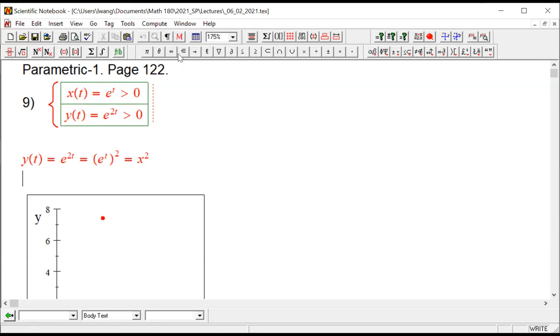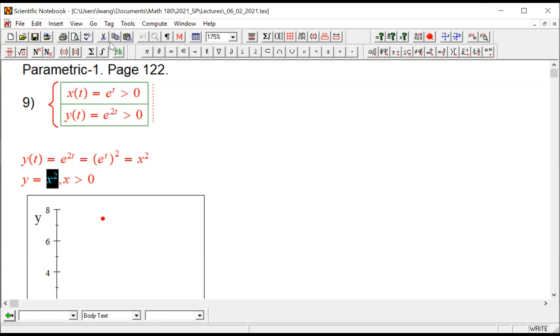So the curve we get here is actually x squared. But knowing where it comes from, this curve is not exactly the curve we know. It's x larger than 0, because x is always larger than 0. y is always larger than 0.